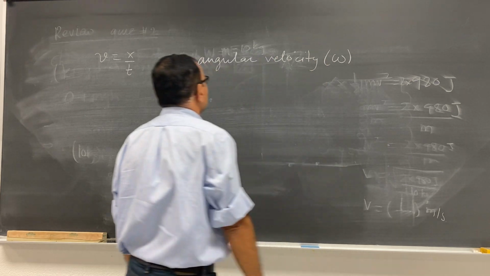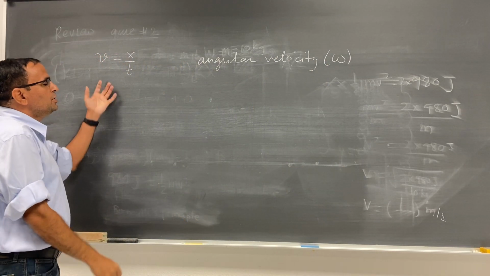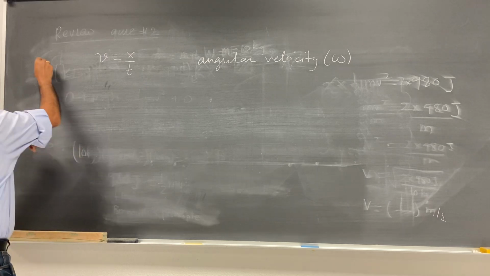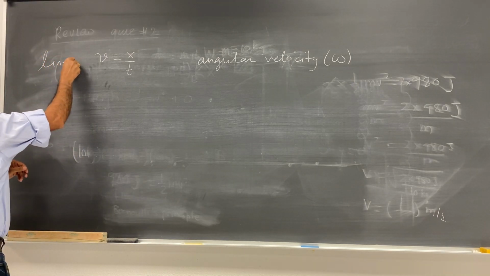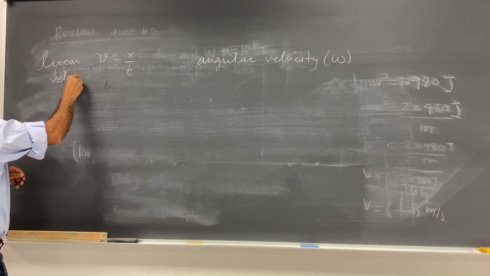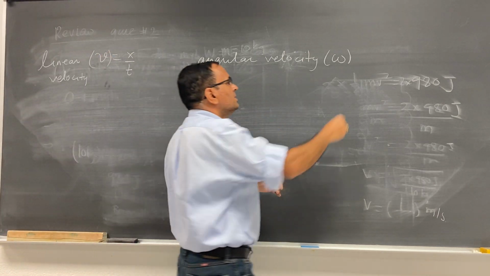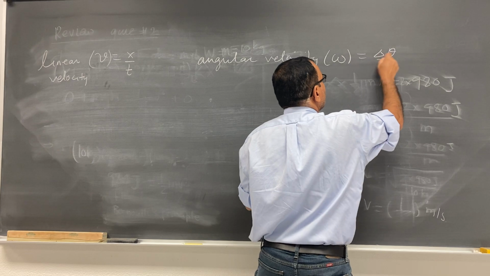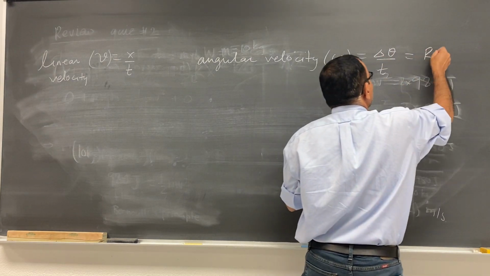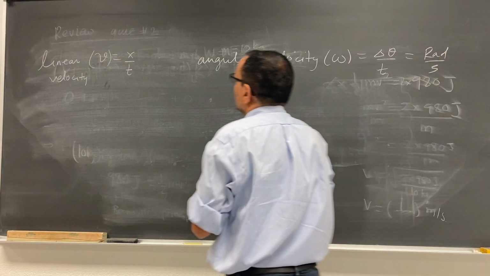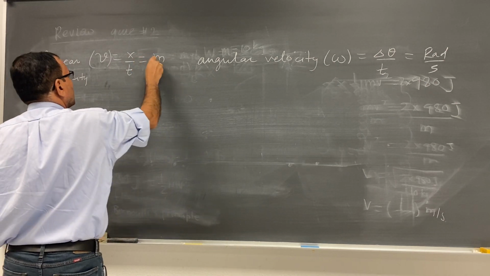Linear velocity is v, and angular velocity is omega, which is delta theta divided by t. Angular velocity is in radians per second, and linear velocity is in meters per second.